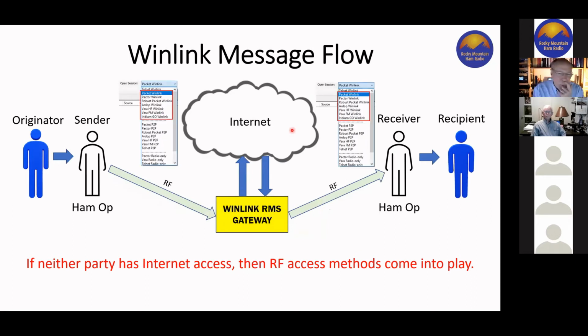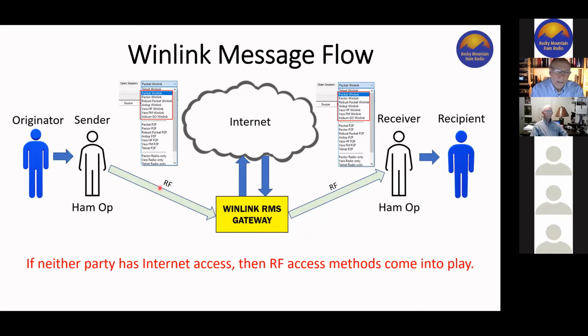You may have the situation where both people are using RF. They don't have internet connectivity, but they're both using the same RMS gateway. This obviously happens in local events a lot of times. Where are a lot of these RMS gateways located? They're often up on mountaintops, or on top of a very tall tower, and so they have very good coverage.